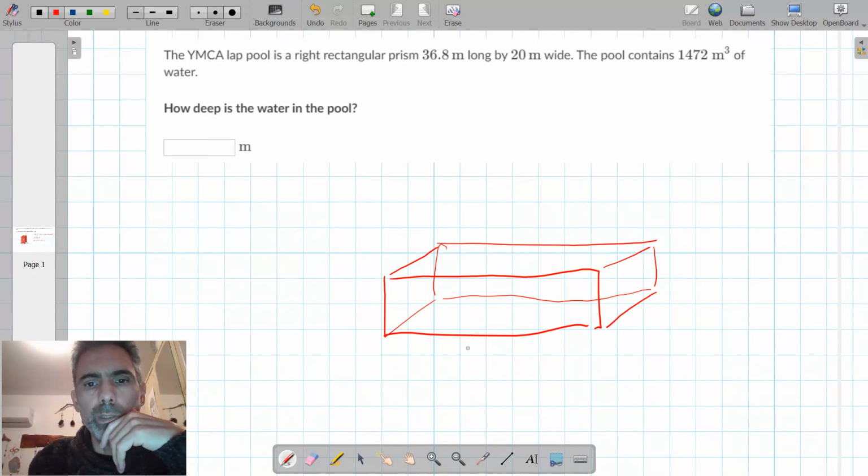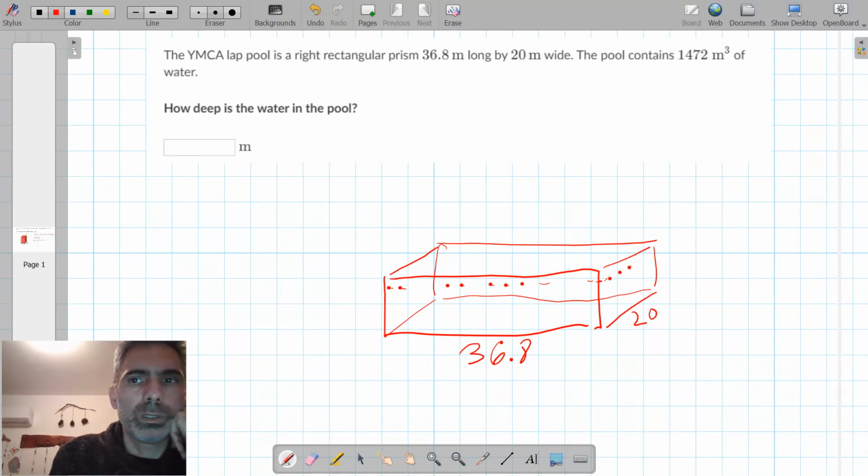The base is 36.8 times 20. And the pool contains 14, okay, so the level of the water, let's say it's here, and so the volume of the water is 1472 meters cubed of water.